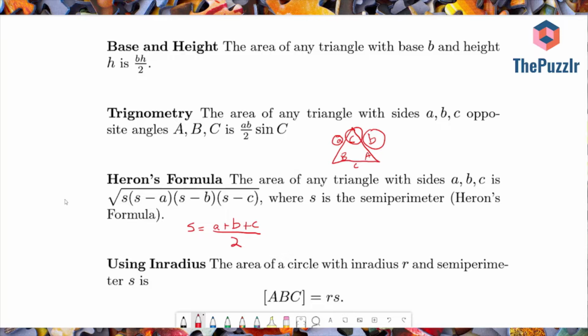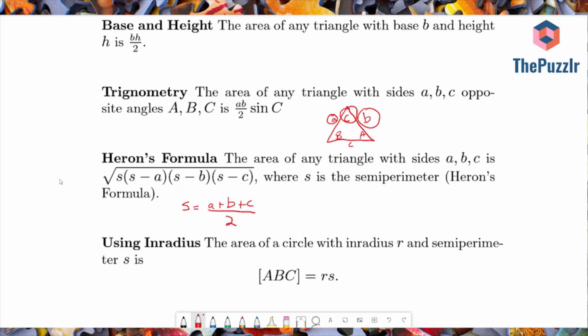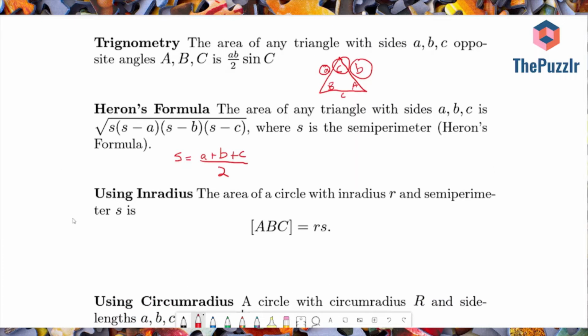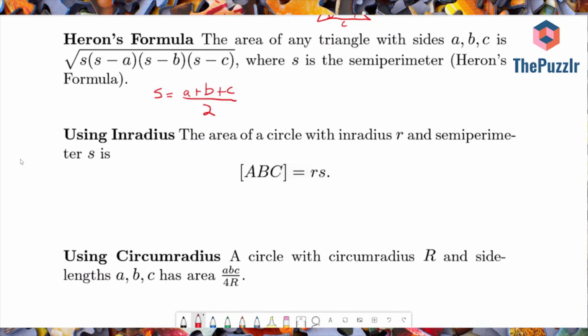It can get a bit computational, but if you have all three sides and you can't use another method like base times height, you can always use Heron's formula. Okay, so the area of a triangle with inradius r and semiperimeter s is r times s. If you have a triangle that looks something like this, and then you have a circle, the incircle, that's a circle that's inscribed inside the triangle.